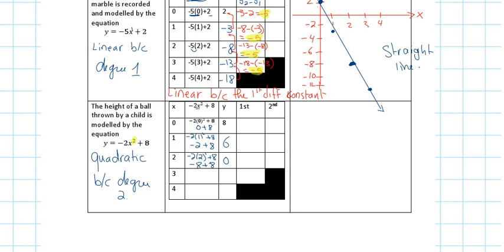Then I have negative 2 times 3 squared plus 8. 3 squared is 9, times negative 2, negative 18, plus 8 is negative 10.